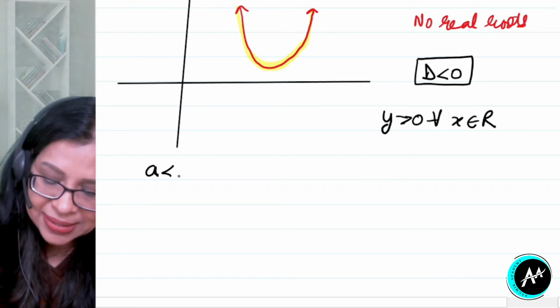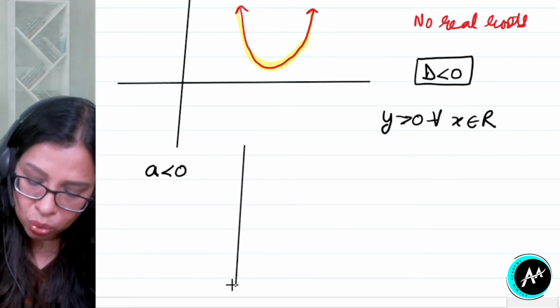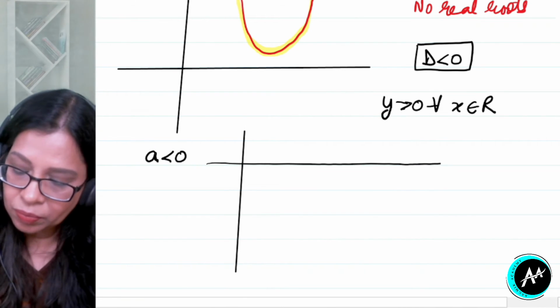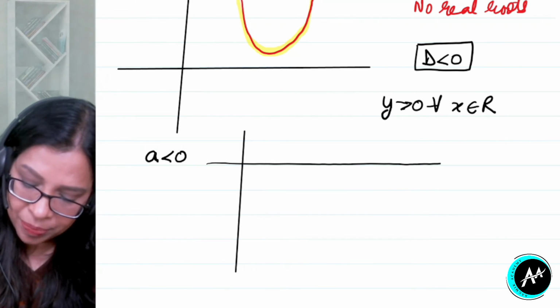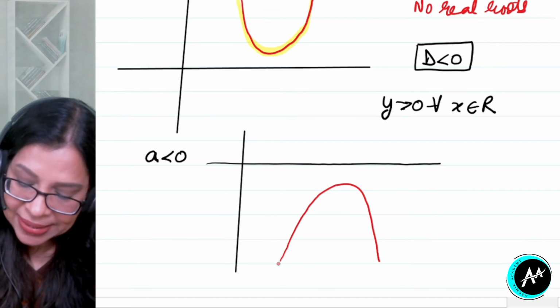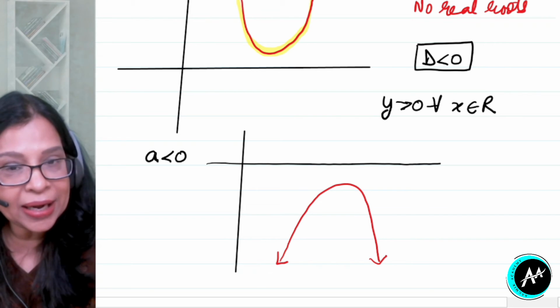So when a is negative, you know that parabola will be opening downwards. Alright, so let us take that. So let us draw the parabola. Suppose I have this, you can see it is not touching or cutting x-axis at any point.